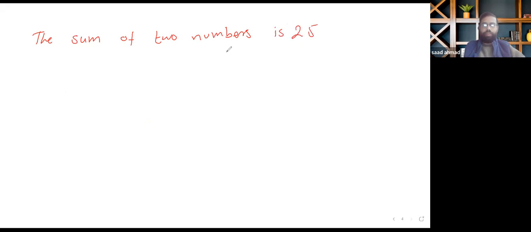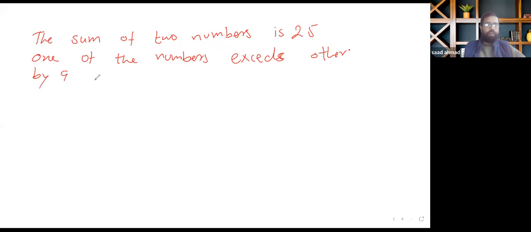Another piece of information we have is that one of the numbers exceeds the other by 9. We need to find those numbers.